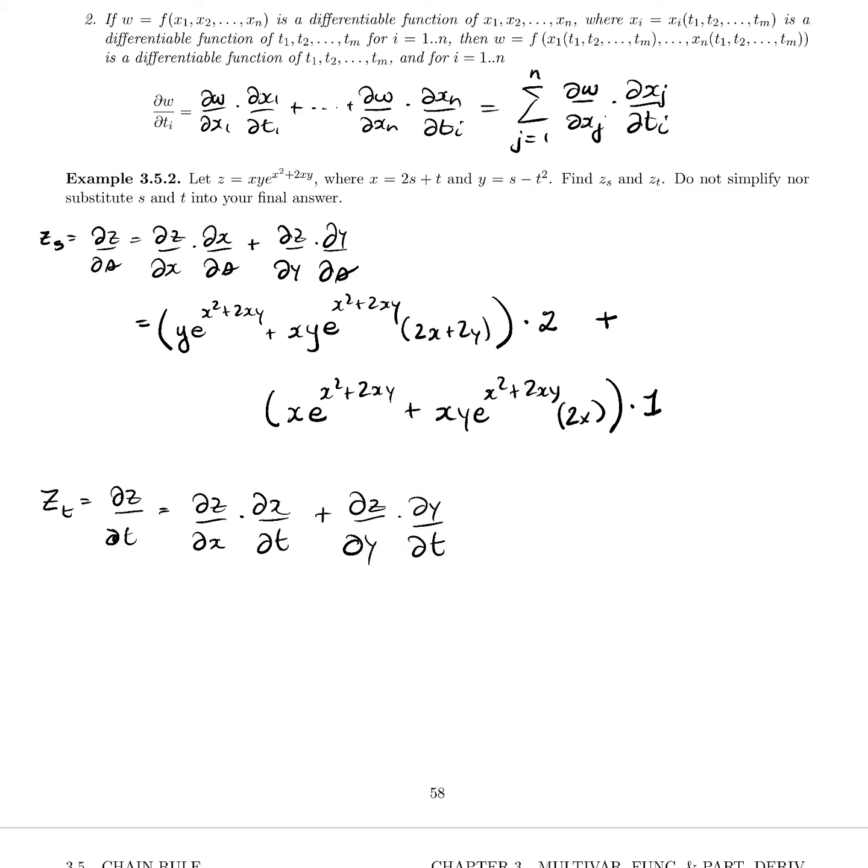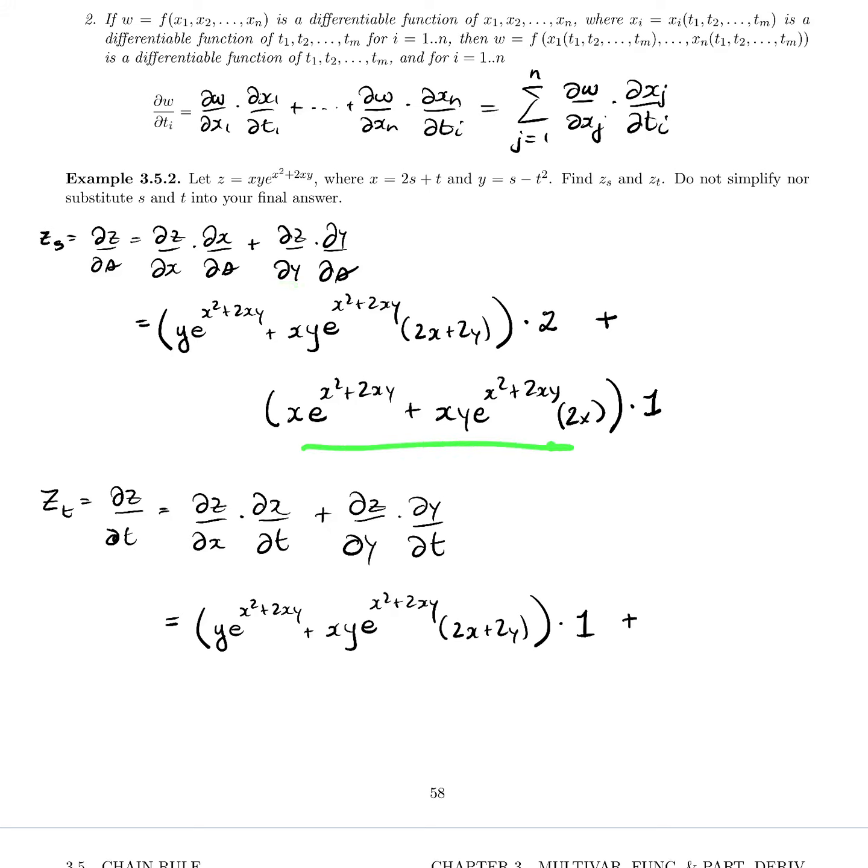And you see we can borrow some of the work that we've done before because del z del x and del z del y appeared in both expressions. So del z del x was in our first bracket here. So if we go up and grab it and bring that down, we can then just multiply by del x del t, the derivative with respect to t of the x expression, which is going to be just 1.